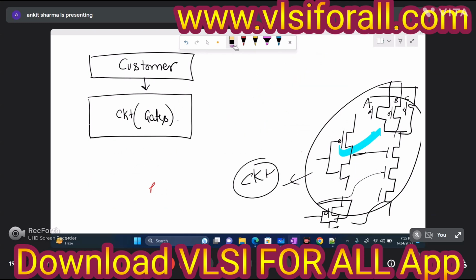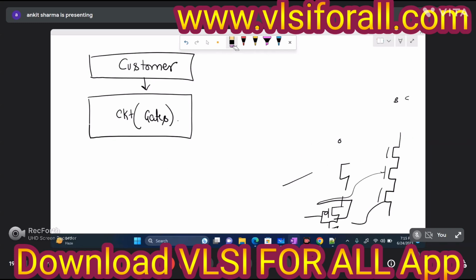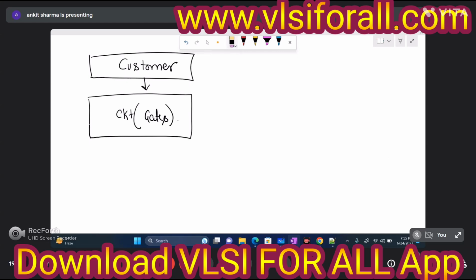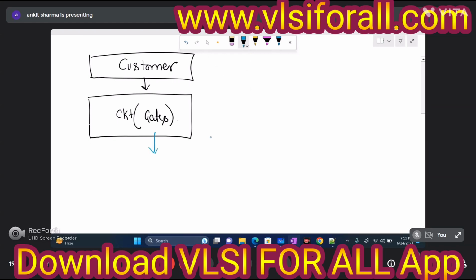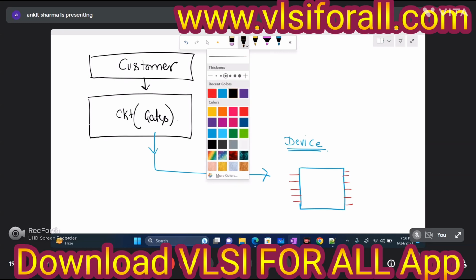Okay, circuit we can achieve. Now what will you do? You have this circuit and hence you will give this circuit in the fabricated form to the customer in the form of a device, like a calculator you have. And that should have a circuit. So I can draw the circuit like this, with few inputs and few outputs.